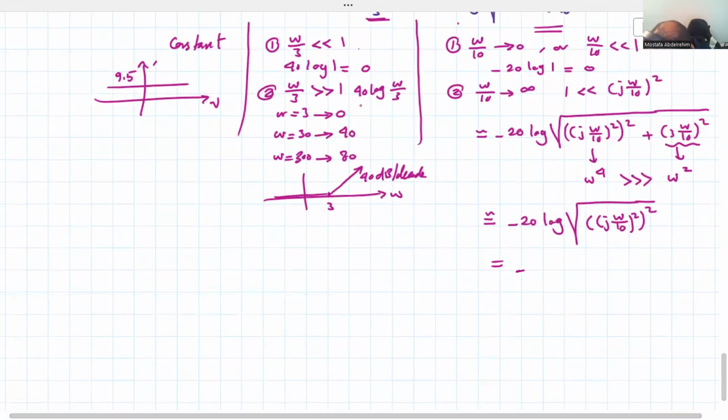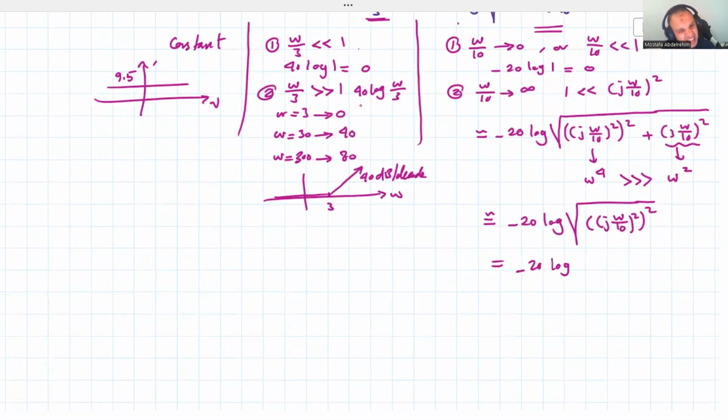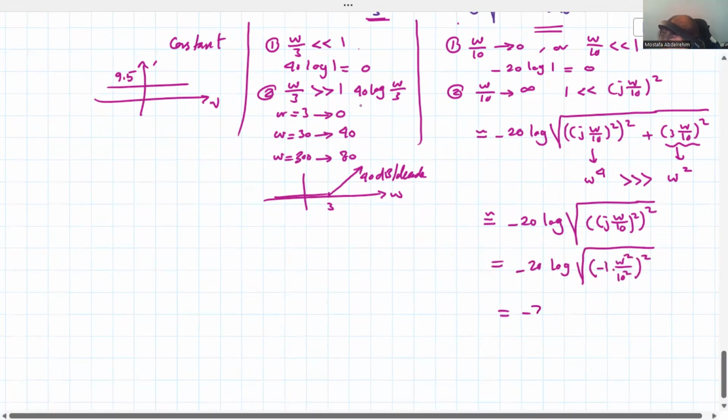Simplifying that, minus 20. I'm going to do it in great detail. Square root of this second square here. Now, it's first squared. j squared is minus 1, and omega squared over 10 to the power of 2. It will be minus 20 log. Minus 1 squared is 1.